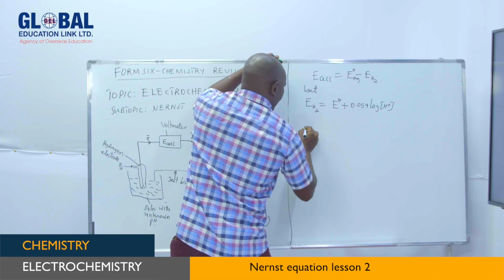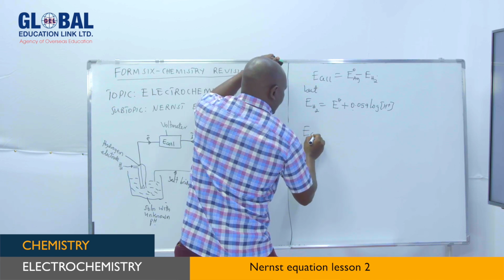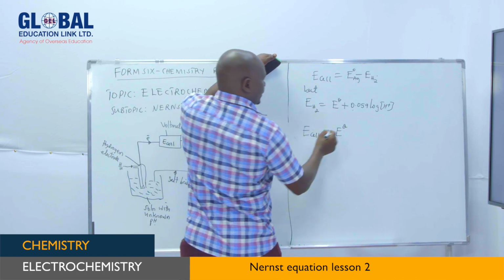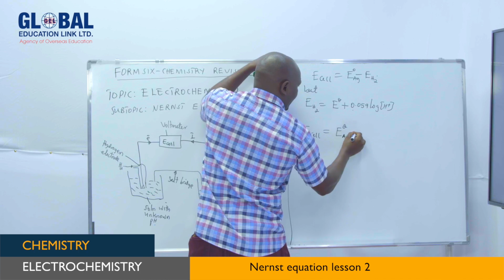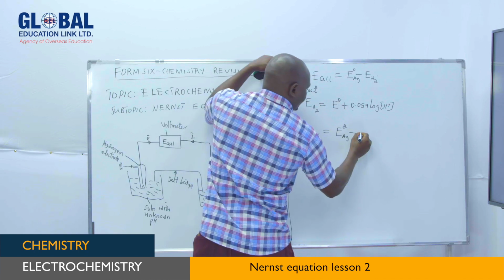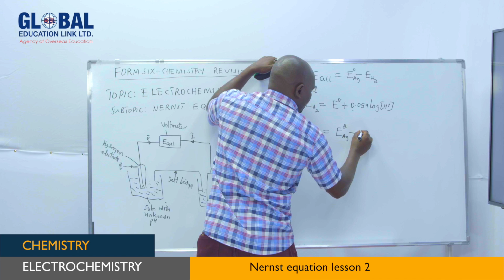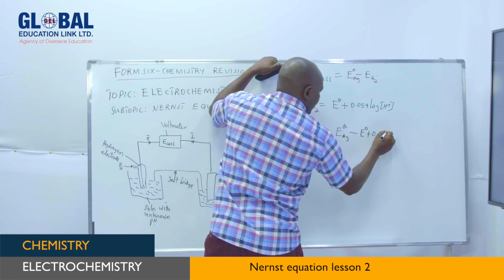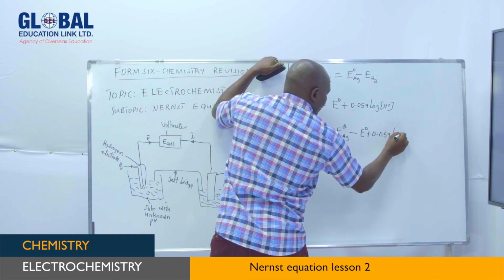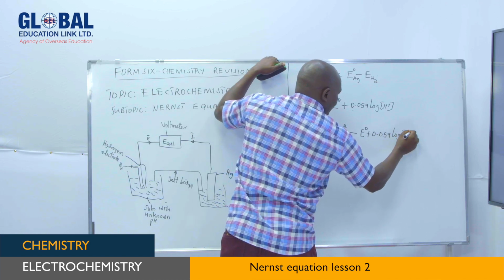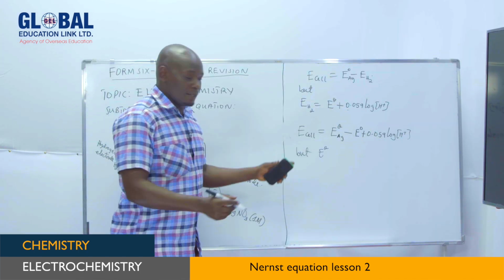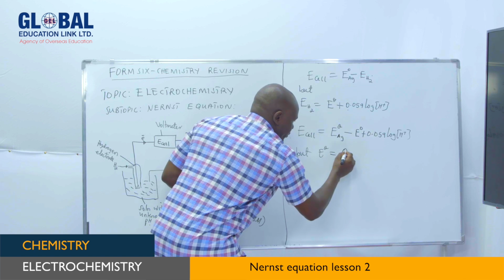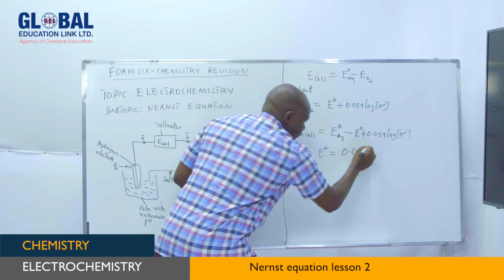So the E of a cell will be equal to the standard electrode potential of silver minus that of hydrogen, which is E standard, then plus 0.059 log of concentration of hydrogen ions. Okay, but remember that the E standard of hydrogen is equal to 0.00 volts.